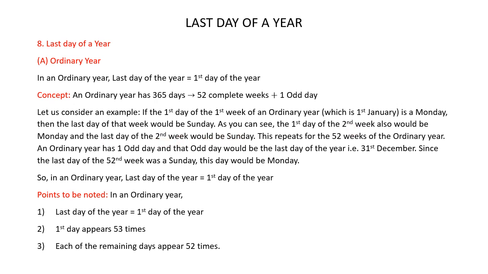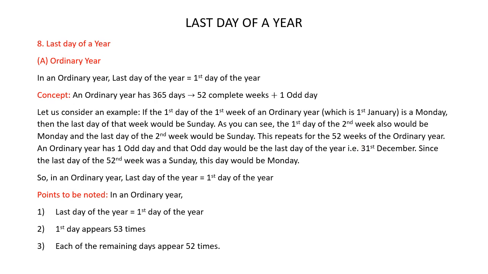Now, since there are 52 complete weeks in an ordinary year, this repeats for the 52 weeks of the ordinary year. So, for each of the 52 weeks of the ordinary year, the first day of the week would be Monday and the last day of the week would be Sunday.